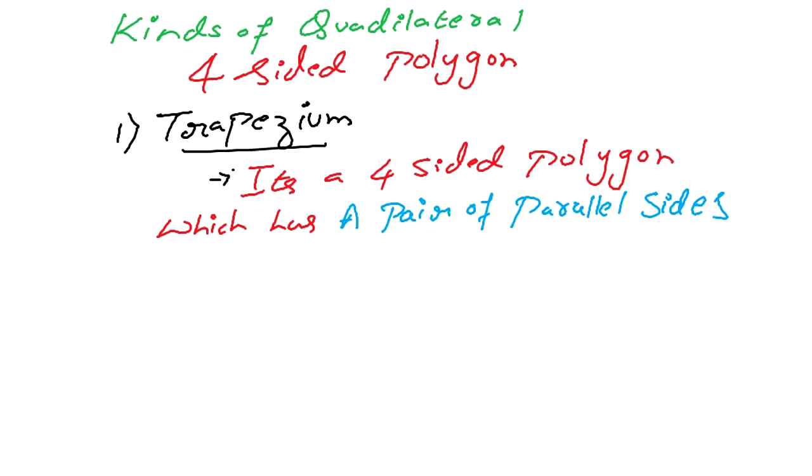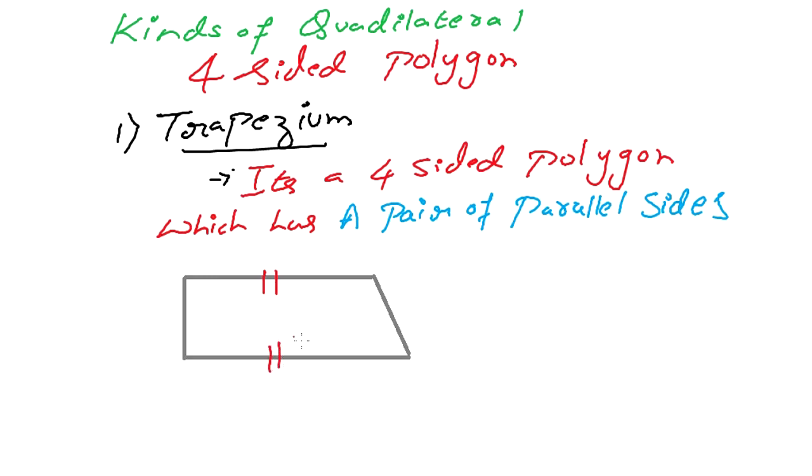Now let's see an example of a trapezium. A trapezium would be something that looks like this, and this is called a trapezium. In this figure, to prove that this is a trapezium, a pair of parallel sides should exist. In this figure, this side is parallel to this side. These two sides are parallel to each other.